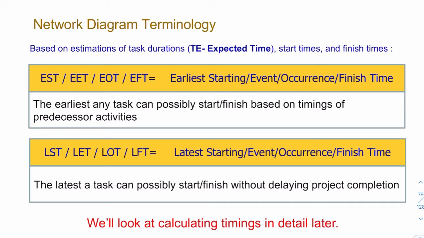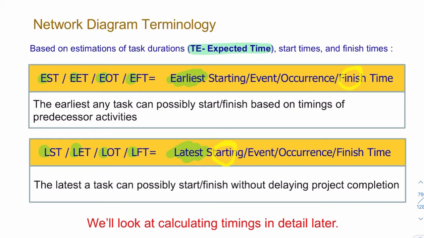Now, in our network diagrams, we will use this expected time, and we'll use it to indicate the earliest and the latest, so that's the E and the L, the earliest and the latest times for an event to start or to finish.